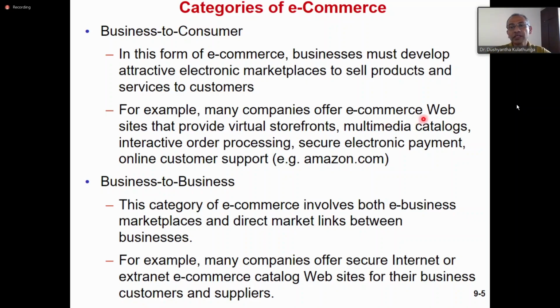The organization presents information about the products that they sell utilizing these three media, to provide more effective information about their products or services to the customers.